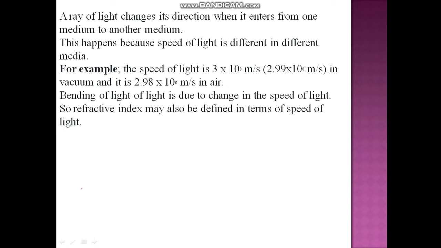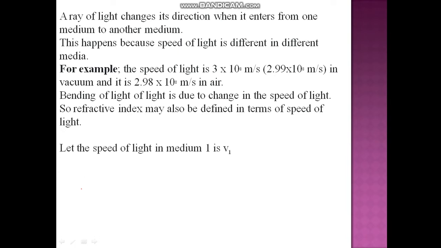So these points which I told you just now, the repetition was only to bring out the fact that refractive index is also defined in terms of speed of light, because bending of light is due to change in speed of light in different media.